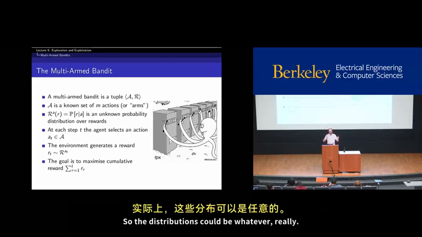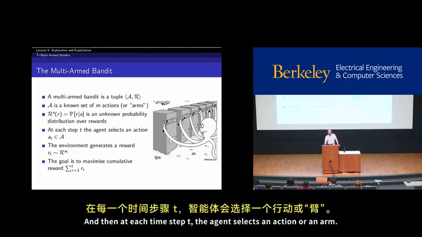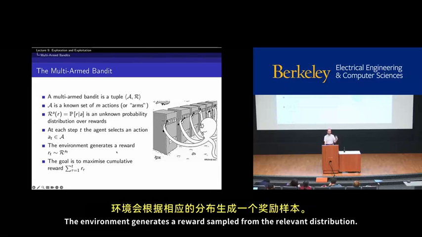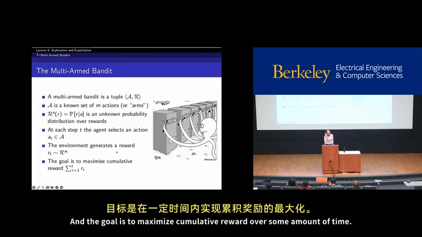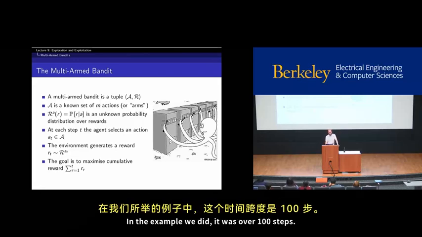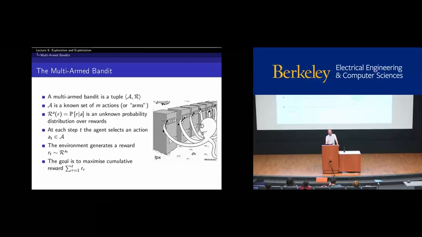So the distributions could be whatever, really. And then at each time step t, the agent selects an action or an arm. The environment generates a reward sampled from the relevant distribution, and the goal is to maximize cumulative reward over some amount of time. In the example we did, it was over 100 steps.